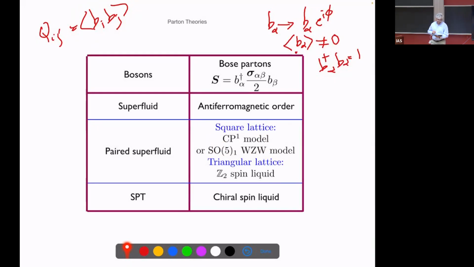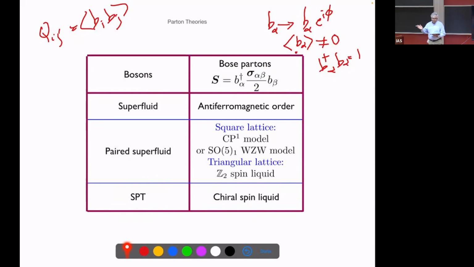Okay, what else can you do with bosons? Well, unfortunately, it turns out not very much. Bosons are kind of hard to deal with. Now, in recent times, people have discovered that strongly interacting bosons can have what are called SPT phases. I'm not going to go into that. If these bosons have an SPT phase, and then you gauge the bosons, make these B alpha bosons be in the SPT phase, then you'll get the chiral spin liquid, which is the phase we're going to discuss today.